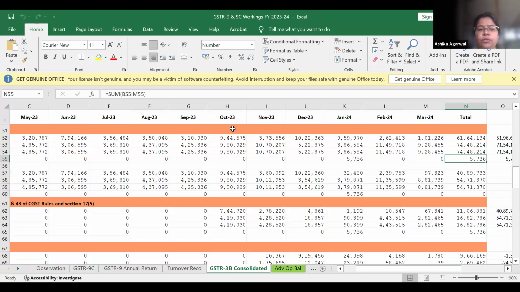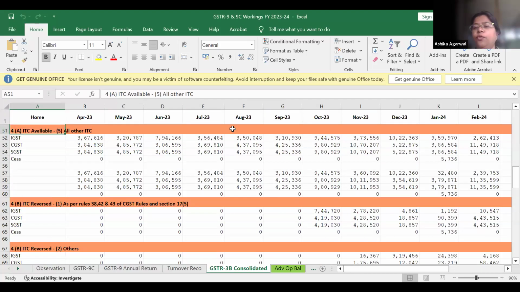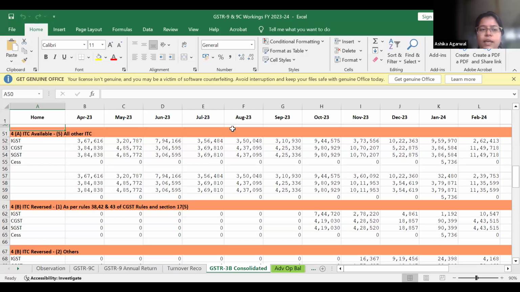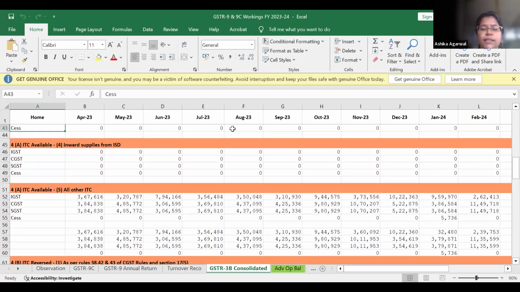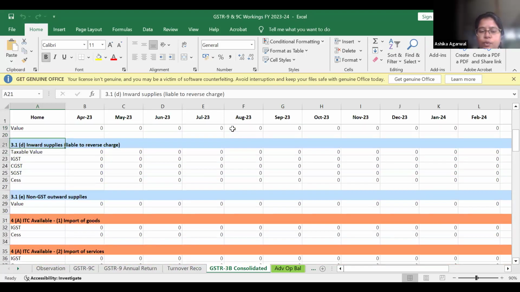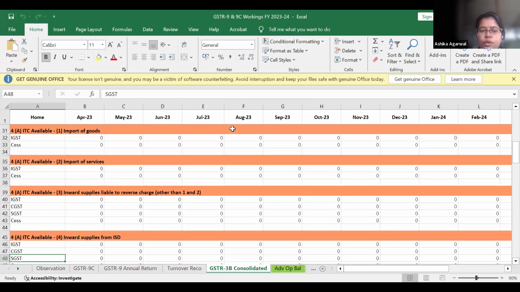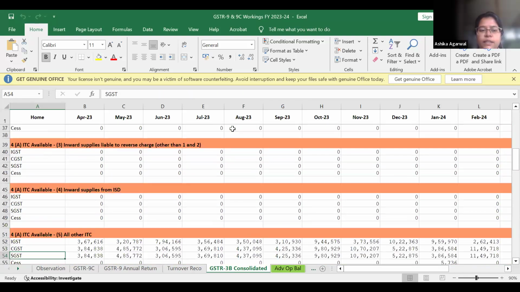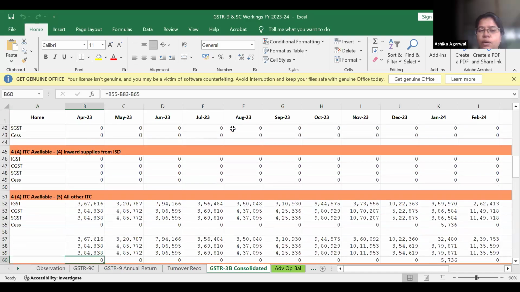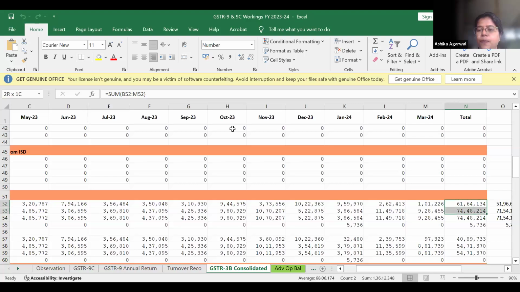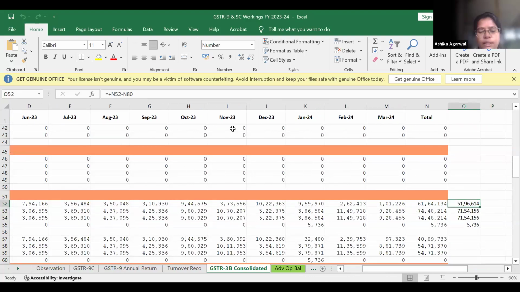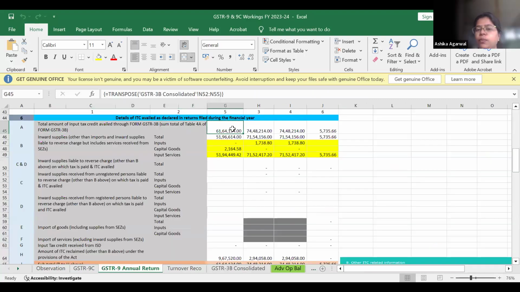When I say table 4A of GSTR-3B, I mean all the ITC, whether it is for import of goods or import of services or RCM ITC or ISD ITC or all other ITC. This is the total ITC, which is the total of all 4A1, 4A2, 4A3, 4A4, 4A5, which gets auto-populated in GSTR-9 in this table 6.